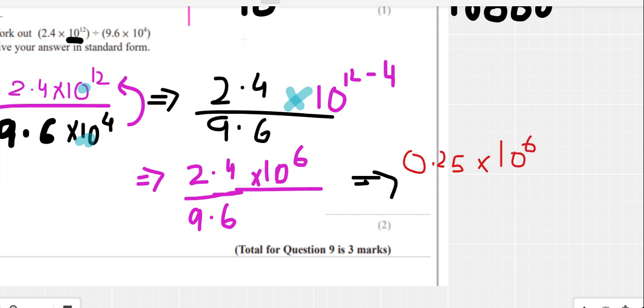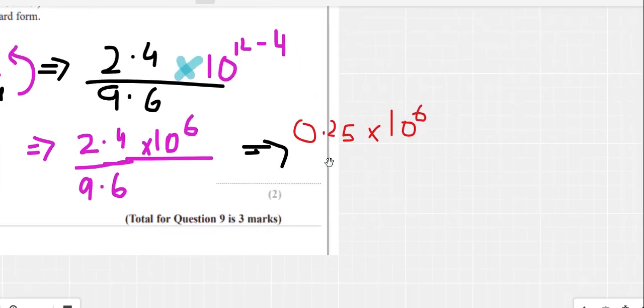10 to the power of 6 means that with 1 we will write 6 zeros, and we will times it on the calculator.